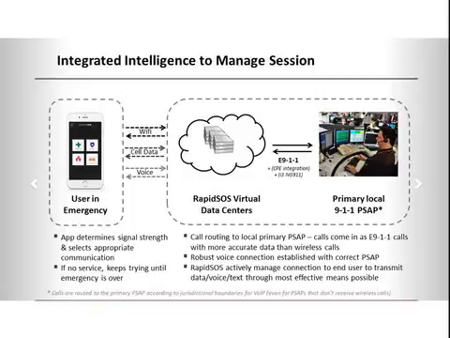So one thing it does that's different than a lot of apps is it'll look for what is the best way of getting the call to the PSAP. First choice would be Wi-Fi, because if it has a signal, it would then process the call as a voice over IP call. If not, cell data, again, it comes in as a voice over IP call, or finally, just regular old cellular voice, at which point it would just be a WPH1 or WPH2 call, just like any other type of 911 call.